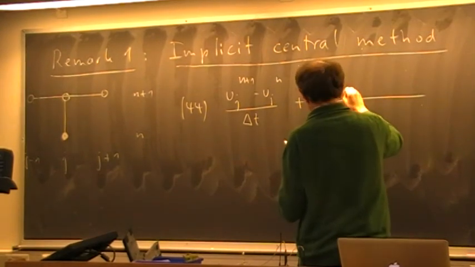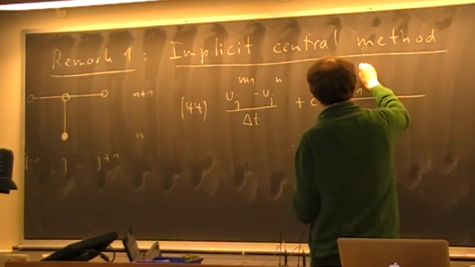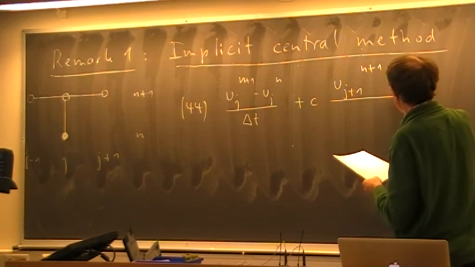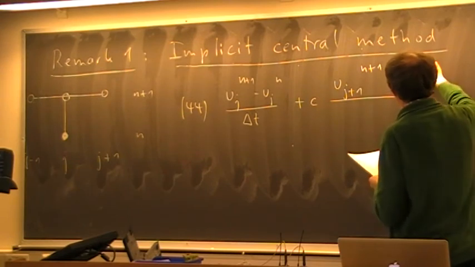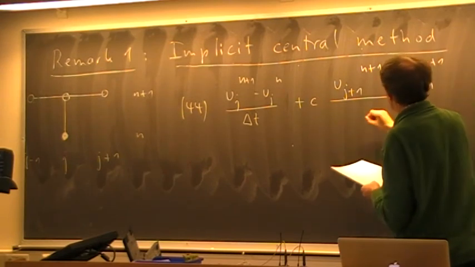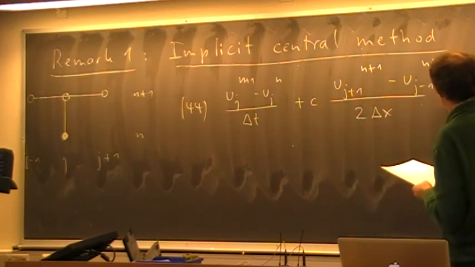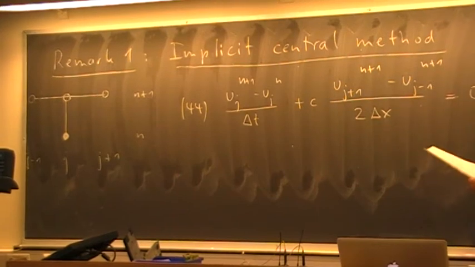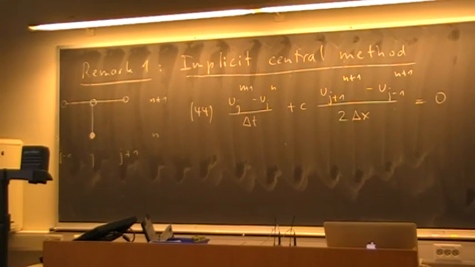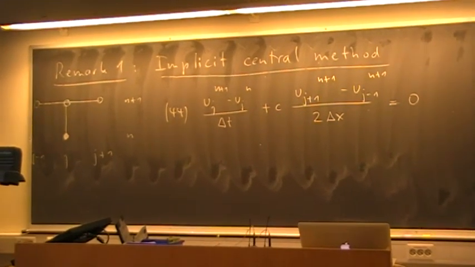So that is the catch. Before we did it at the old time level, but now we do it at the new time level. We have to divide by 2 delta x, and that is 0. And it turns out that this actually gives an unconditionally stable method. It's surprising, but it's like that.